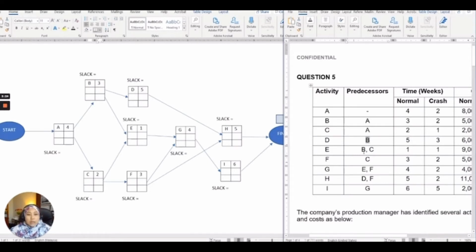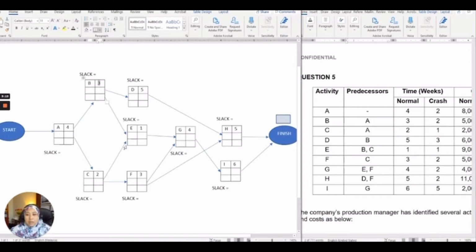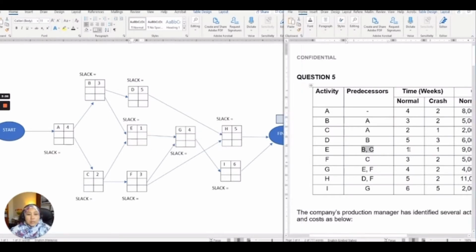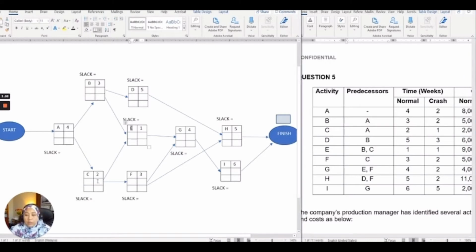For E, the predecessors are activities B and C, so the arrow comes from B and C, and node E has an estimated time of 1. For F, the predecessor is C, so the arrow comes from node C, with an estimated time of 3.